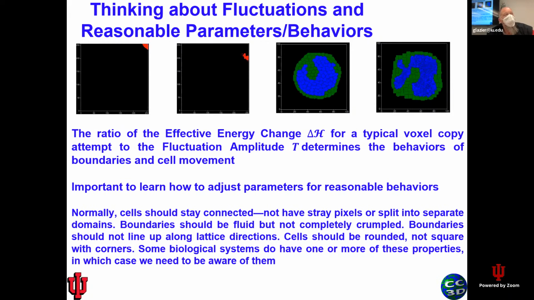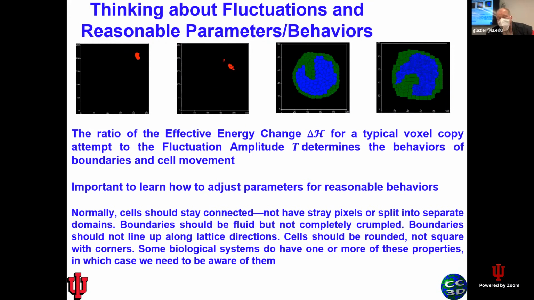A cell sorting simulation where the boundaries of the cells are relatively well behaved on the left, and then on the right, one where the blue cells' boundaries are falling apart with respect to each other, and the green cells' energies are so big that they're basically lining up on the lattice.